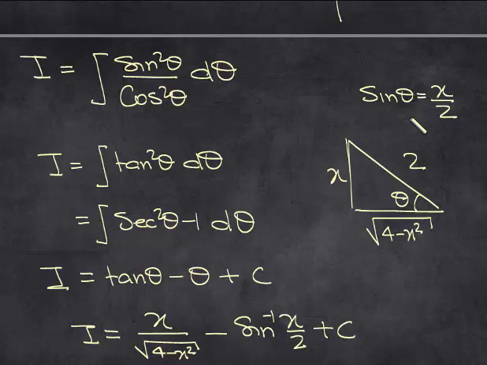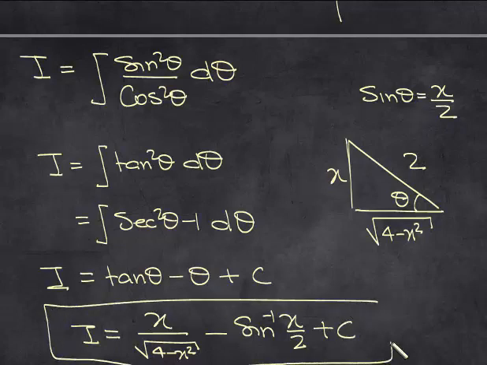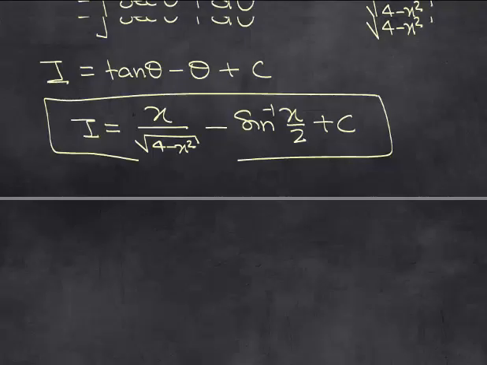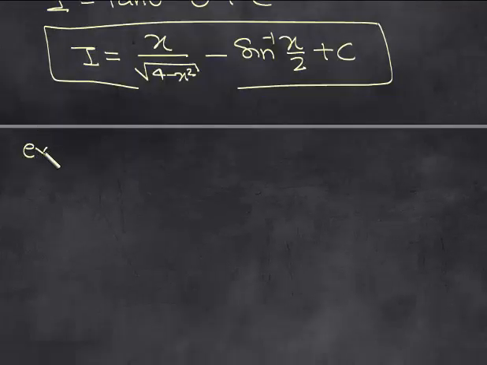Okay, so let's start with the trig substitution. So we get x is equal to a secant theta. So we get dx is equal to a secant theta tangent theta d theta. So we get I is 1 over x squared minus a squared.